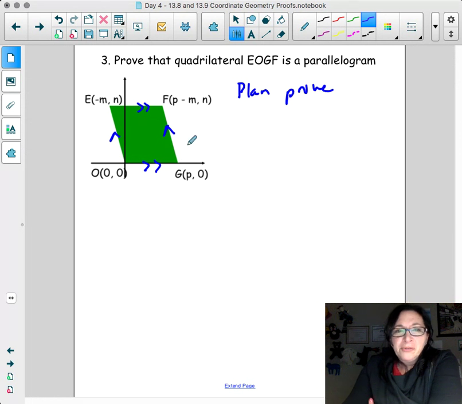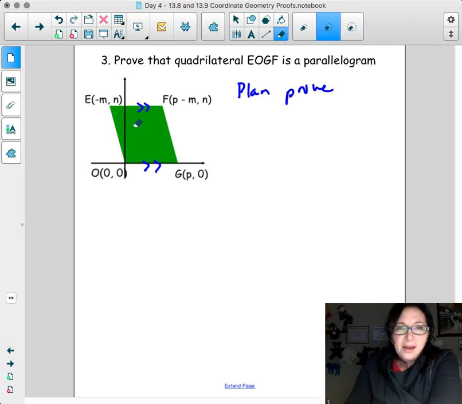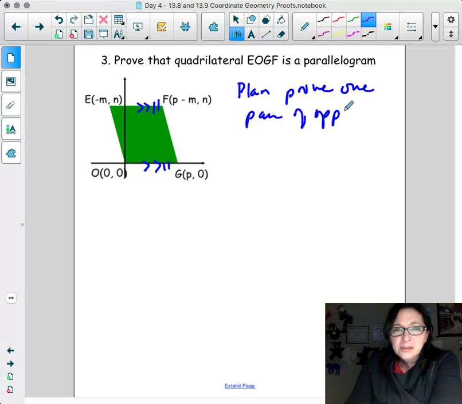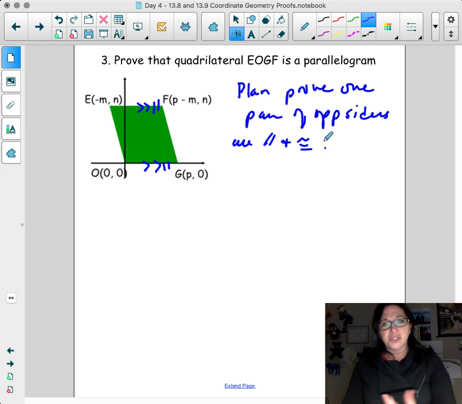Actually, I'm going to take that back. I'm going to prove that one side is parallel and congruent. That way I can use the distance formula and the slope formula. So our plan is to prove that one pair of opposite sides are parallel and congruent. That way I can show you both ways.